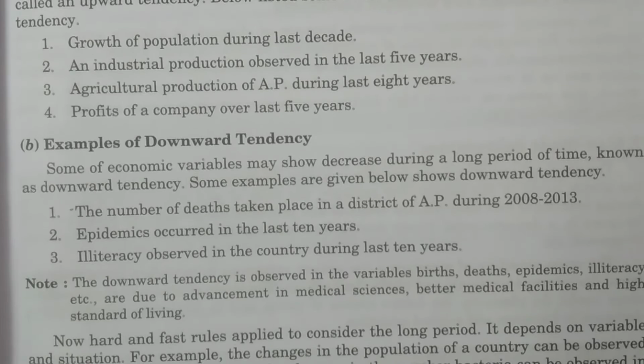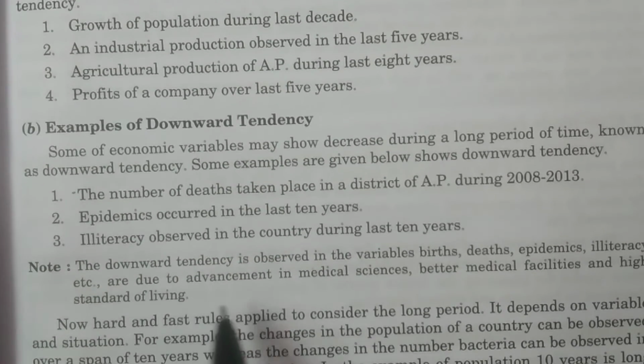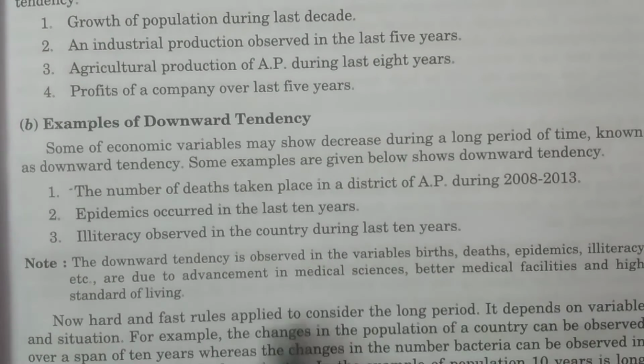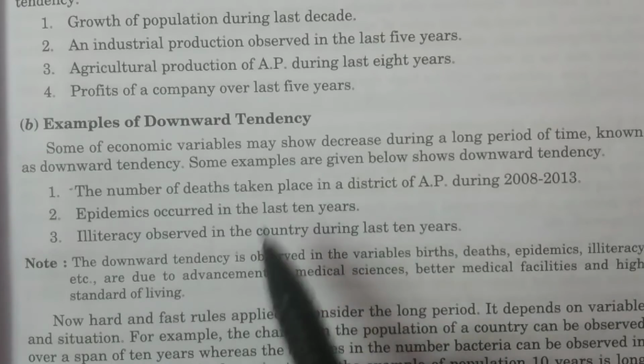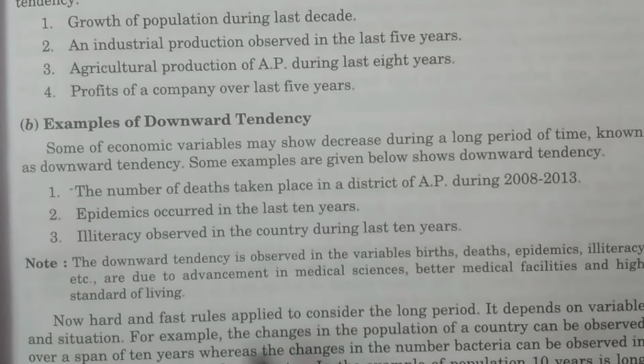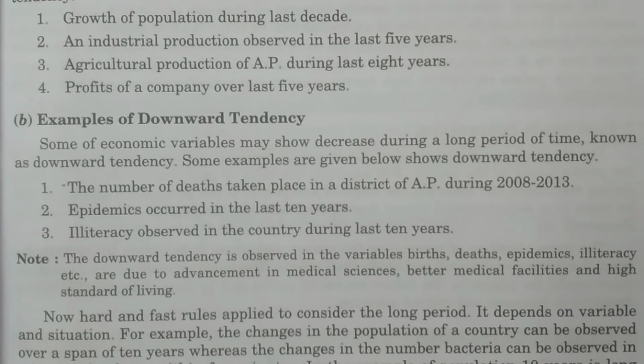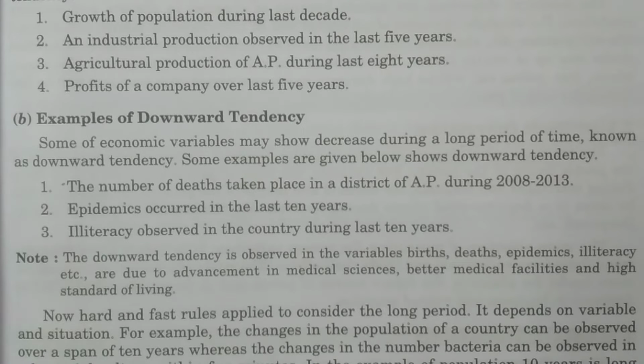Due to the advancement in medical sciences, better medical facilities and high standards of living, these variables like births, deaths, epidemics, illiteracy, etc., show downward tendency. It may not be so generally. We are speaking generally. Remember that it may increase in particular epidemic conditions.